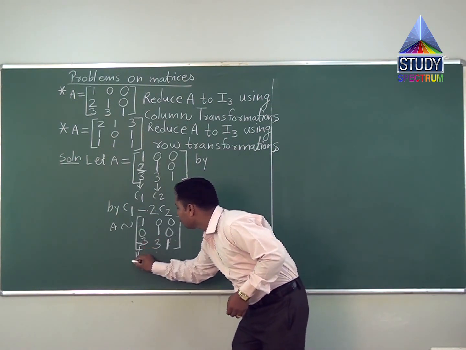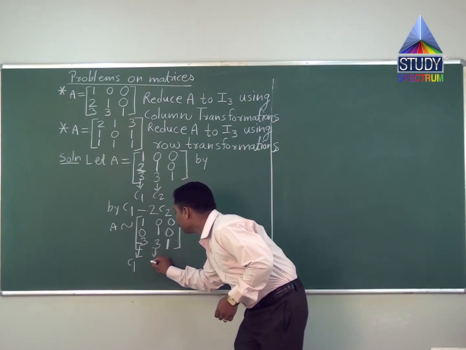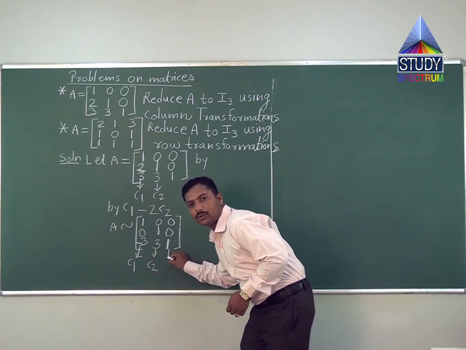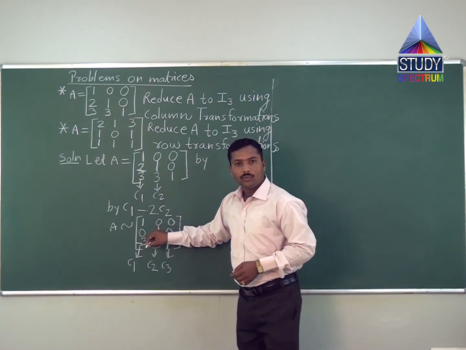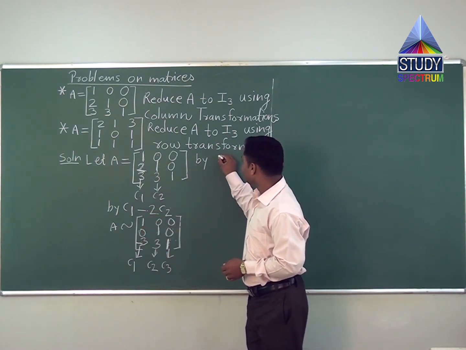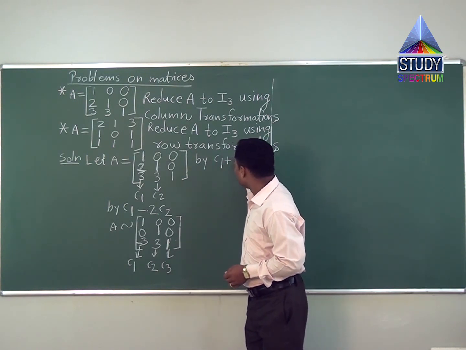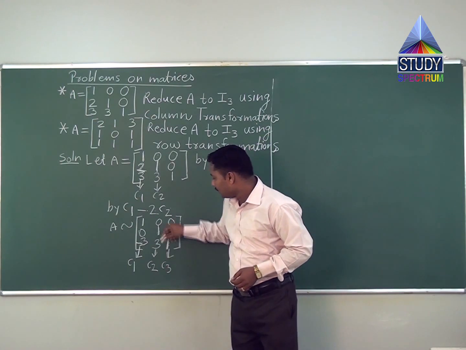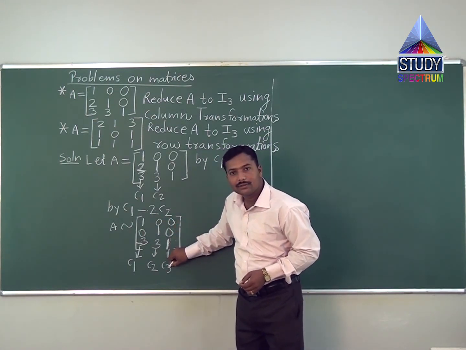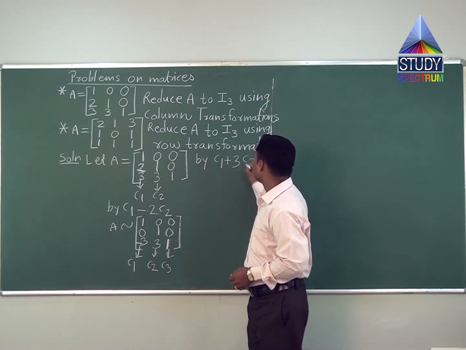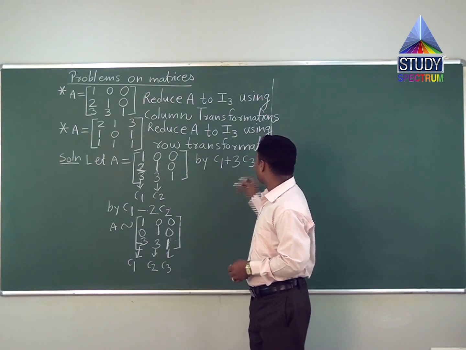This is column C1, this is column C2, and this is column C3. So we make C1 plus 3 C3. This 1 is the member of the third column, so we write C3.